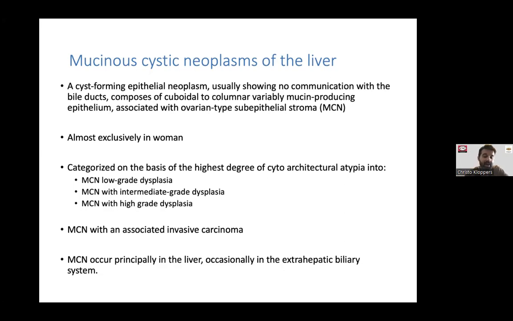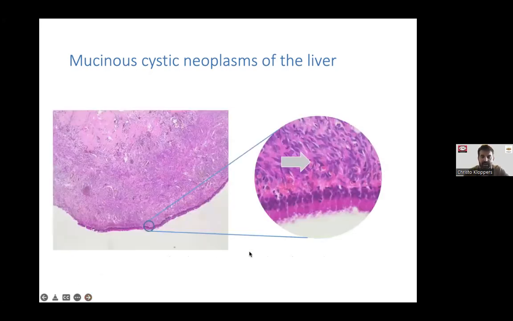It can occasionally occur extrahepatically, but this is already a rare disease, so it's almost exclusively in the liver. If we look at the histology slide of it, you'll see the arrow is there in the ovarian-like stroma. So for that reason, there's always an argument between pathologists.